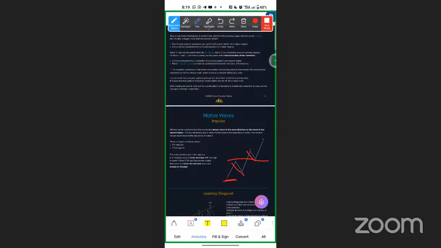And wave 4 never moves beyond the beginning of wave 3. So you see, you don't expect wave 4 to pull up to here. That's not the Elliott.